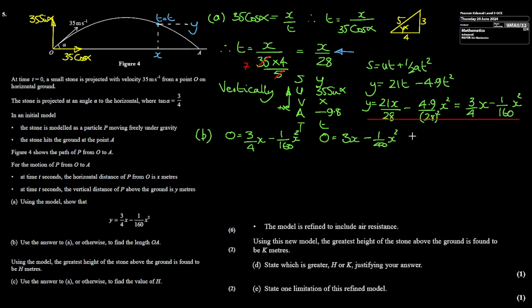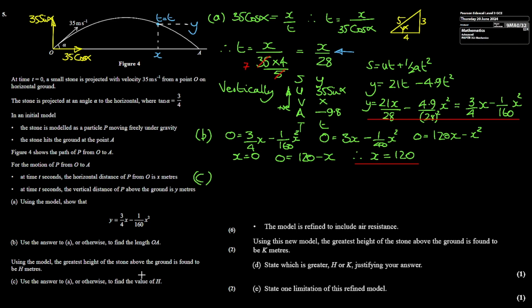I can now multiply through by 40, and I get 0 is equal to 120x minus x squared. So one solution to this will be x is equal to 0. Well, we know that that's a perfectly good solution, but it's not the one we want. The other solution is that 0 is equal to 120 minus x. So therefore, x is equal to 120. And that's the answer to part B.